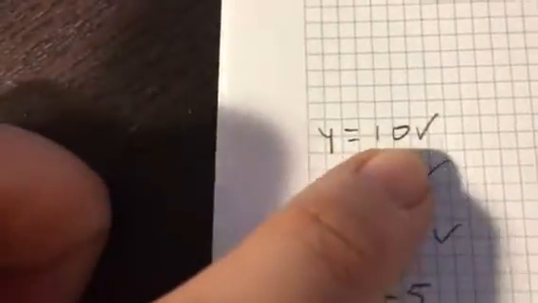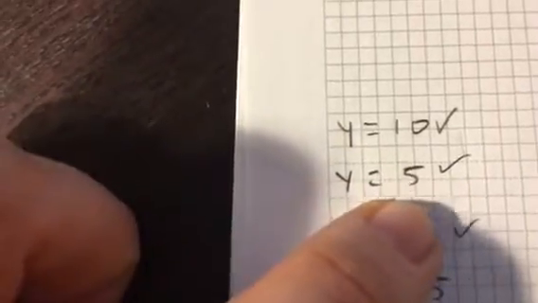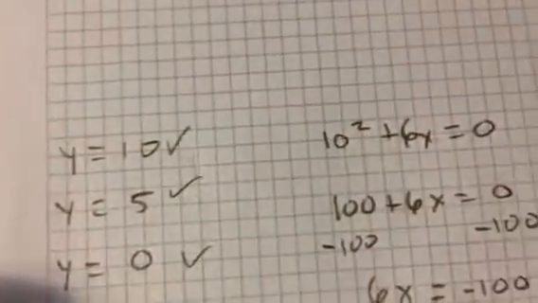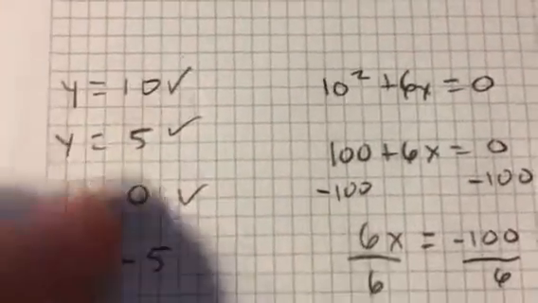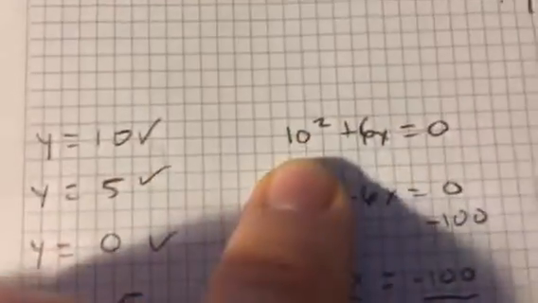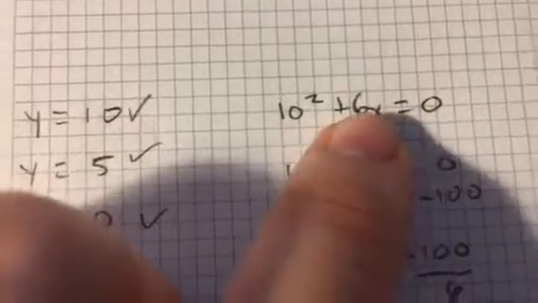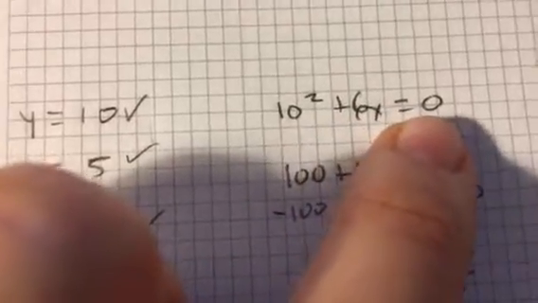The ones I chose were y equals 10, y equals 5, y equals 0, y equals -5, and y equals -10. And then I went through and did the math. So 10 squared plus 6x equals 0.